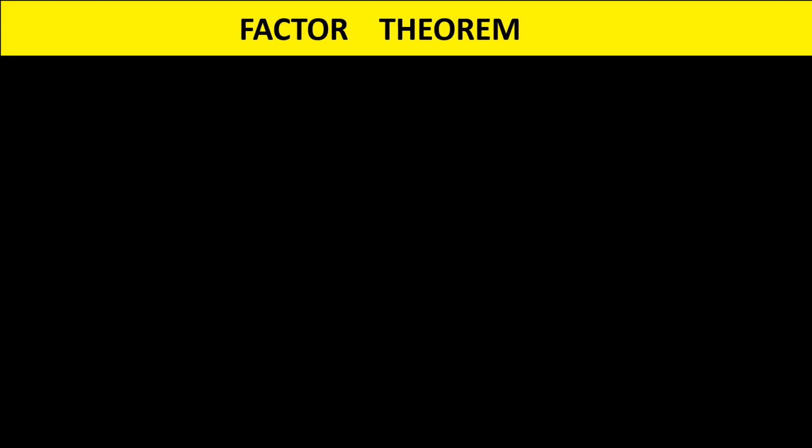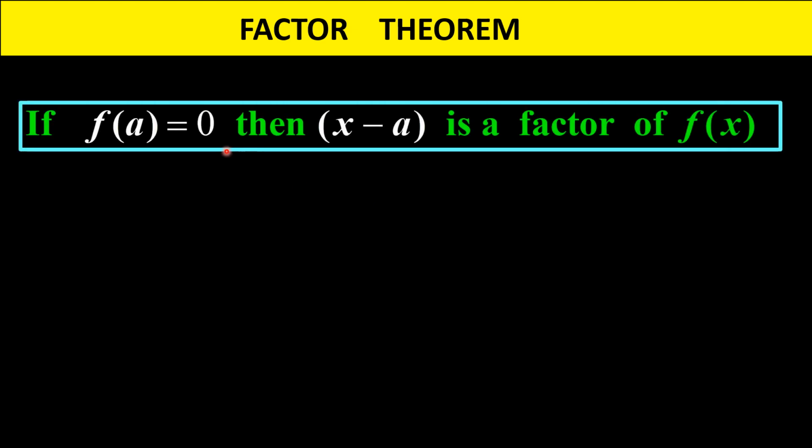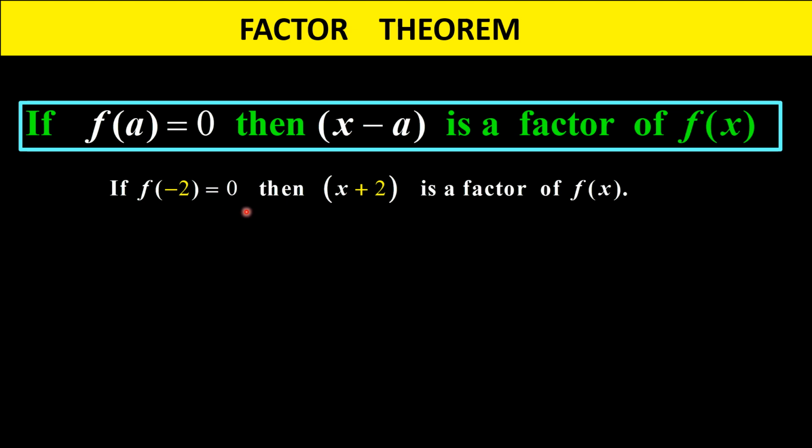Before we start using the calculator, let's briefly go through the factor theorem. If f(a) is equal to 0, then x minus a is a factor of f(x). For example, if f(-2) is equal to 0, then x plus 2 is a factor of f(x).